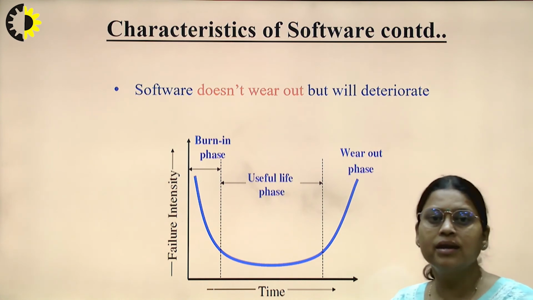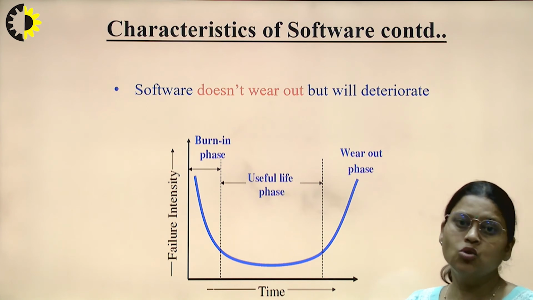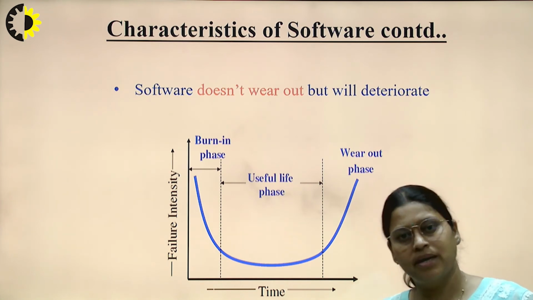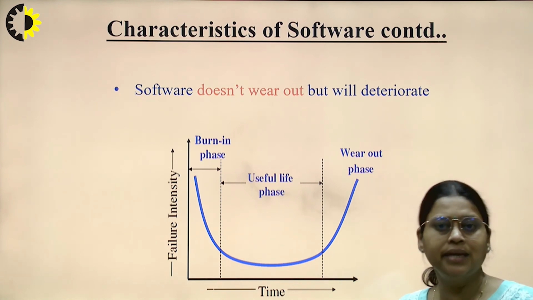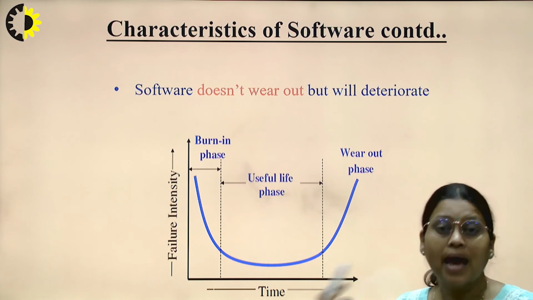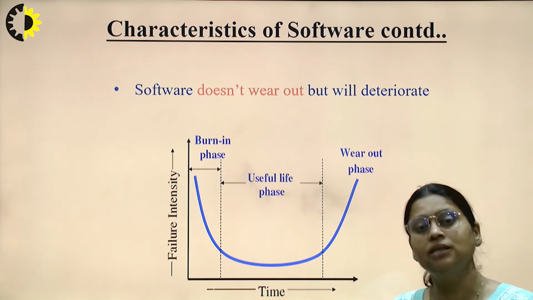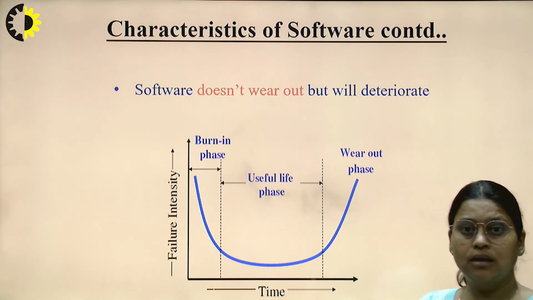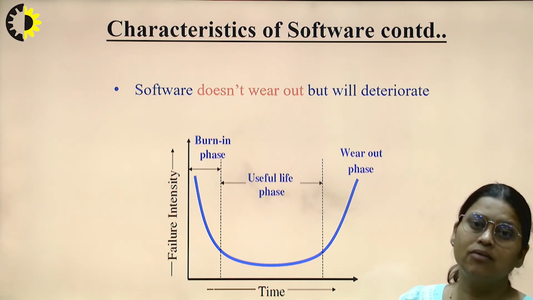If hardware is destroyed, we never use that hardware, but that does not apply to software, because it is in a soft form. We can use it any time, but as the technology and requirements change, the quality of the software degrades, but it will never wear out.